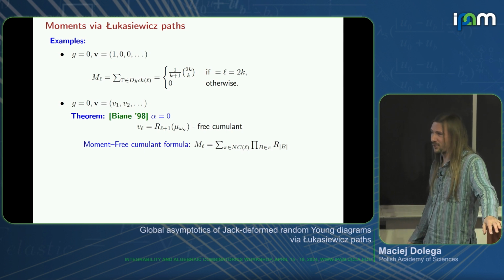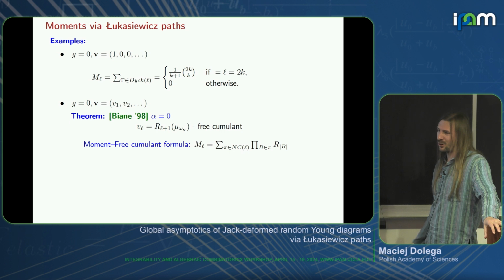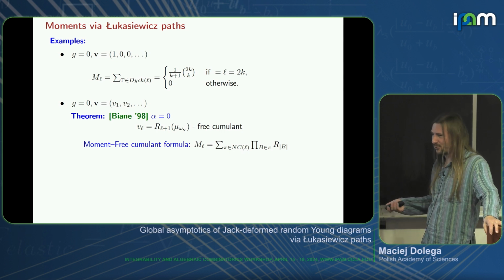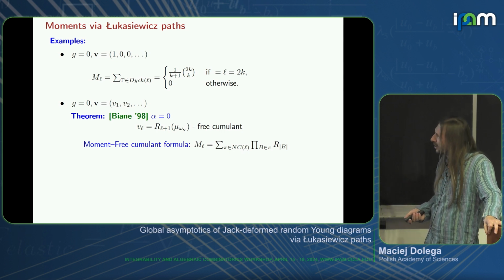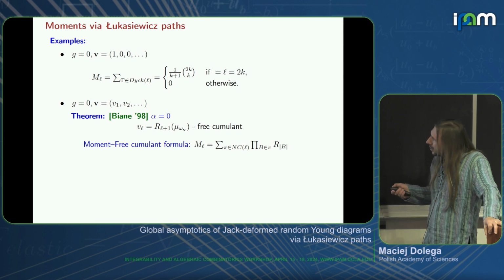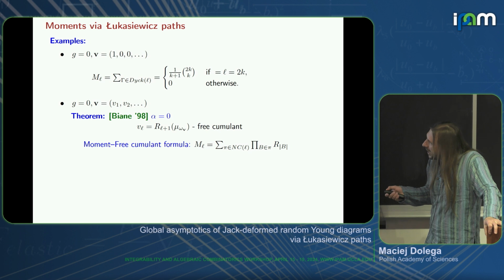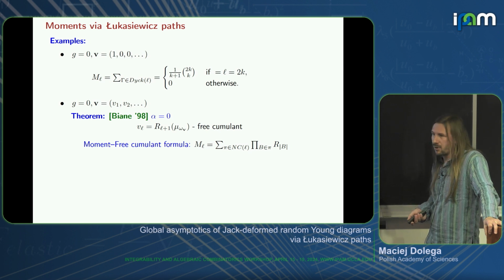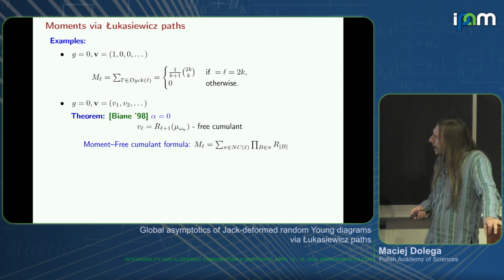So it is one of the very first exercises when you are working with the semicircle law to prove that the moments are given by Catalan numbers. Okay. So let's now look again at the fixed temperature regime, but with a completely arbitrary sequence of v's.